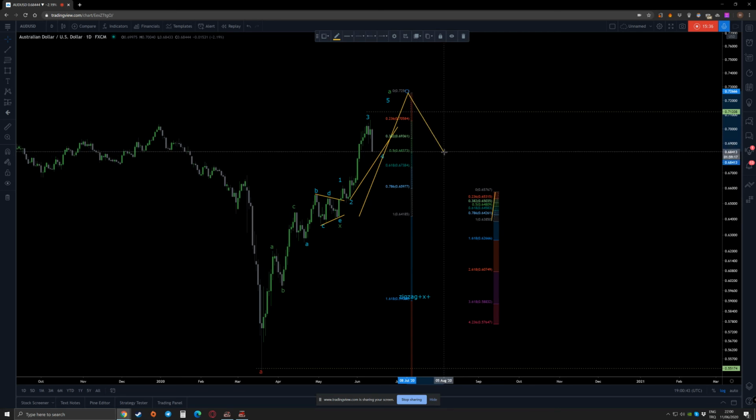Okay, so it's like 50% and 38.2. I would add, for example, a third of my actual trade size. Fifth, if it comes to 50%, I would add a little bit more.